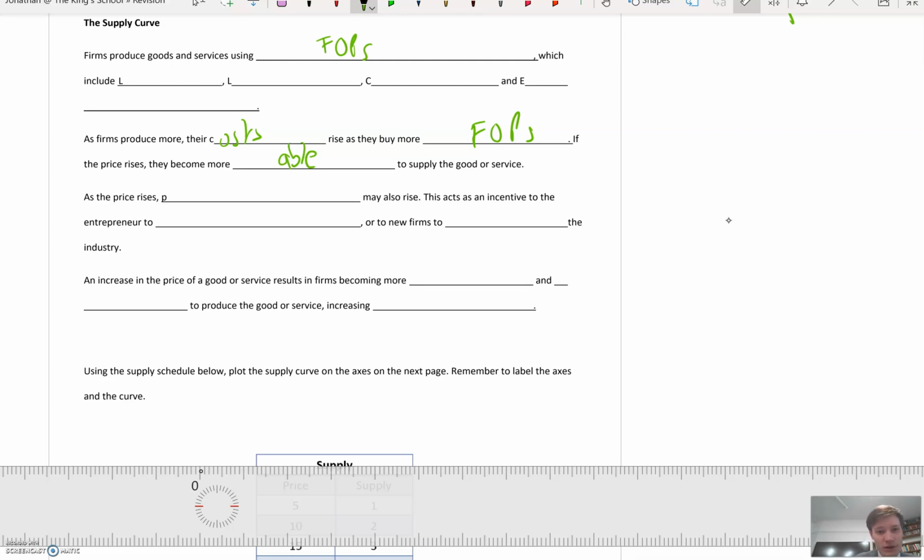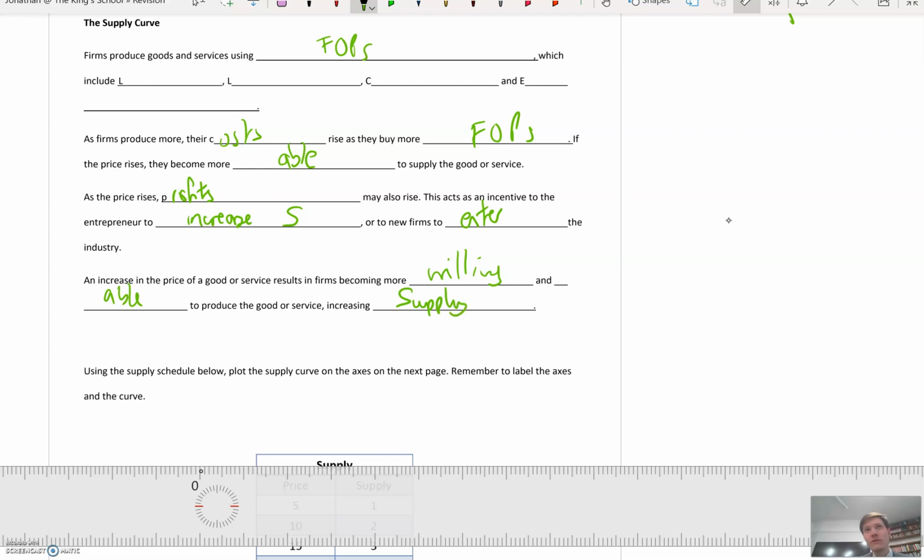As the price rises, profits also rise, and we know that profits act as an incentive for an entrepreneur to increase their supply. I want to earn more profit, so I'm going to increase supply, or for new firms to enter. And therefore, we see an increase in the price of a good or service results in firms becoming more willing and able to supply their service, increasing the supply in the market.